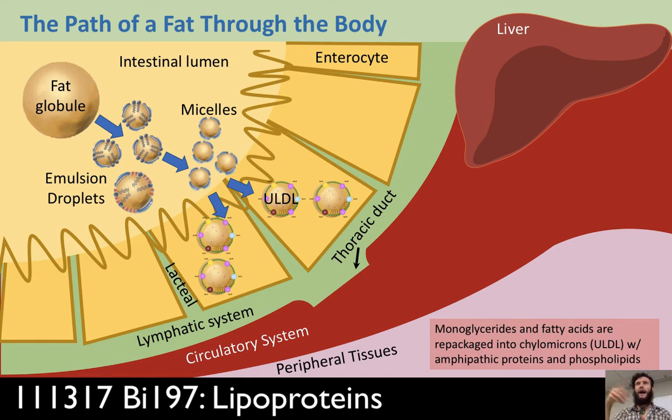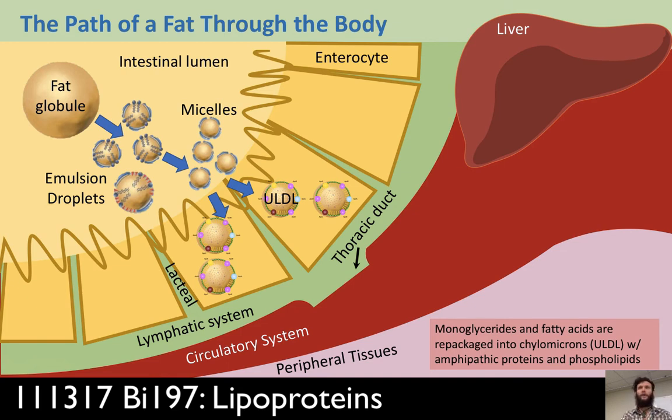And within the body of those ridges are these structures called lacteals. Now, a lacteal is part of your lymphatic system. And the lymphatic system is basically part of your immune system.